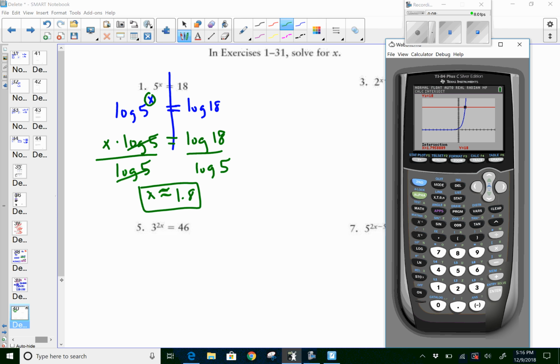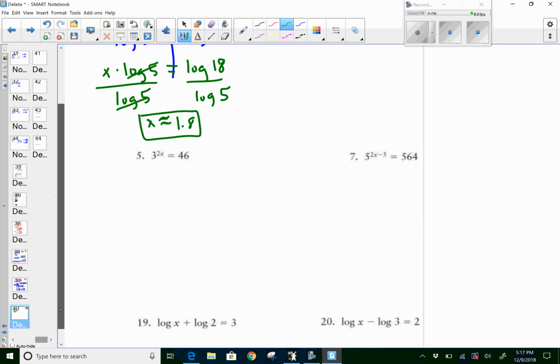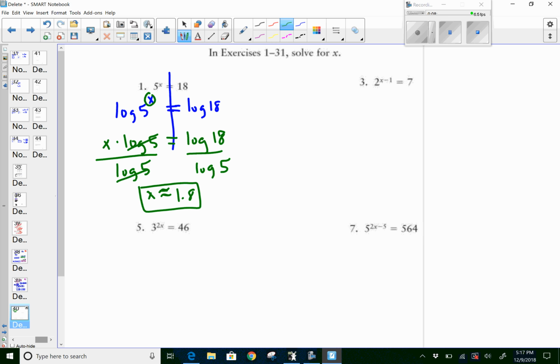All right. I'll do this one next. So I'm going to log both sides. Log base 2 to the x minus 1 is equal to log of 7. Again, the goal is to get the x by itself. In order to get it kicked to the front, I had to log both sides. So now this whole thing gets kicked to the front. It's going to be x minus 1 times log of 2 is equal to log of 7.